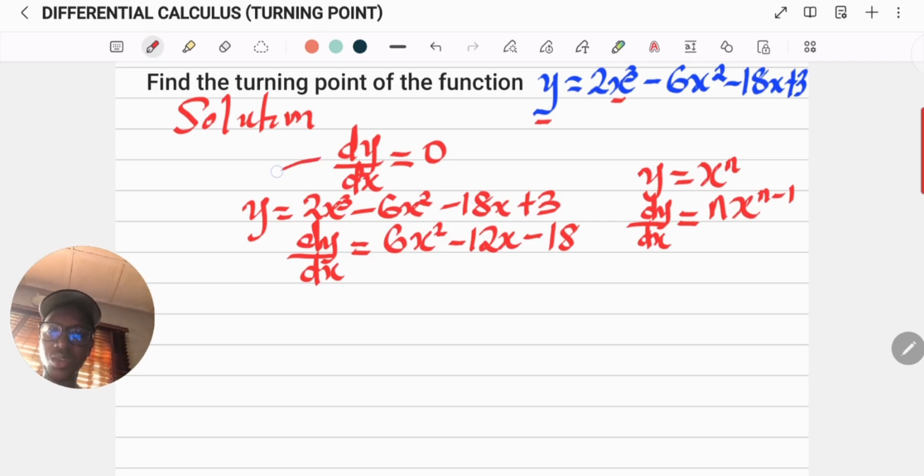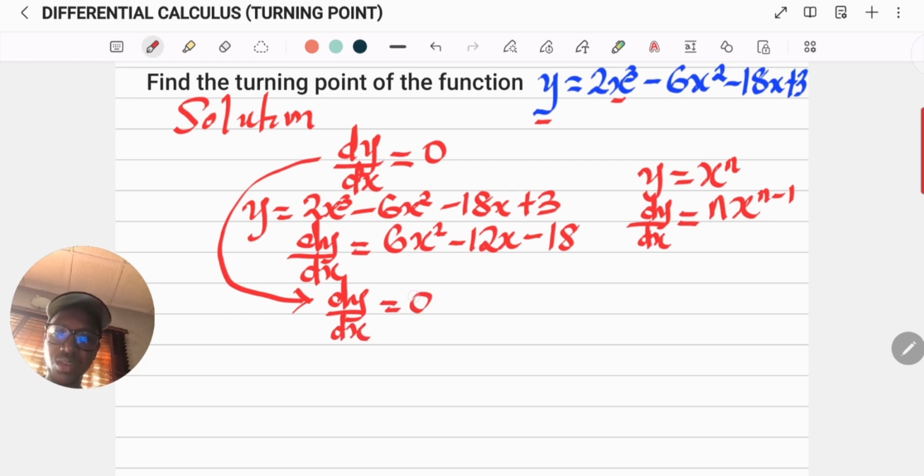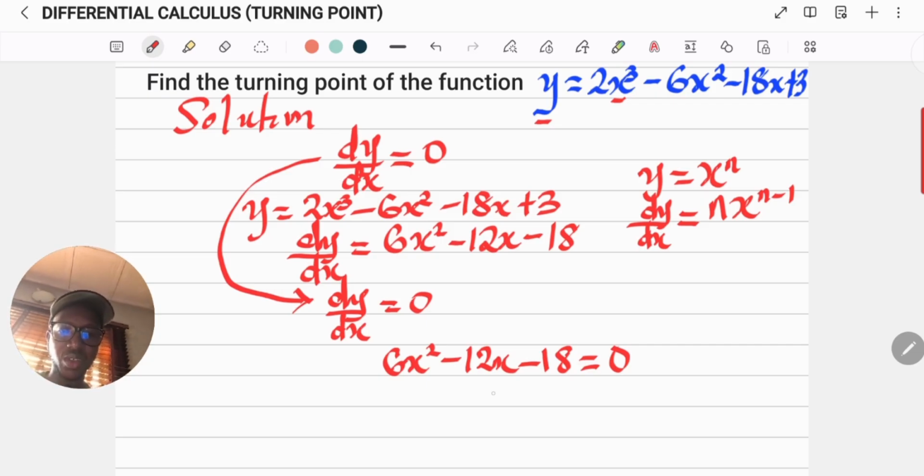Now, following this principle that says that at our turning point dy/dx must be equal to 0, what this indicates is that 6x squared minus 12x minus 18 equals 0. Now this is a quadratic equation, but instead of solving it directly, there is a factor of 6 that is common to everything.